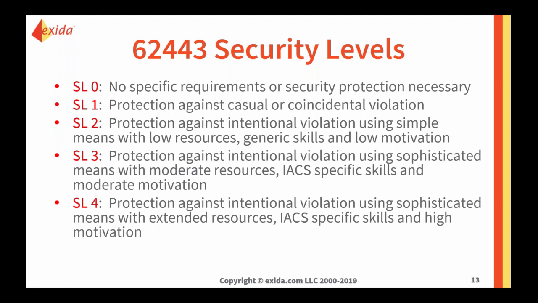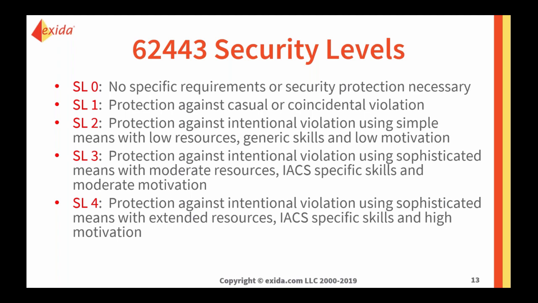And then there's security level 1, which is really not protection against someone intentionally attacking or targeting the system. It's what we call casual or coincidental violation. What we found in analyzing security issues over the years is that oftentimes it's just an employee trying to get their job done, and maybe they've bypassed security for one reason or another to do something to the system, but they don't have malicious intent.